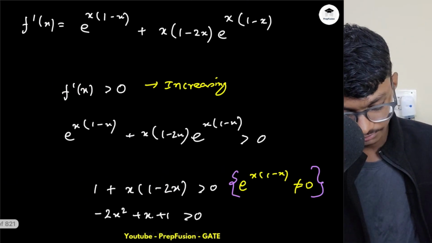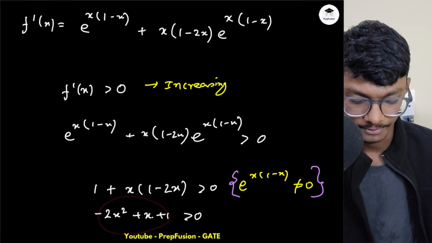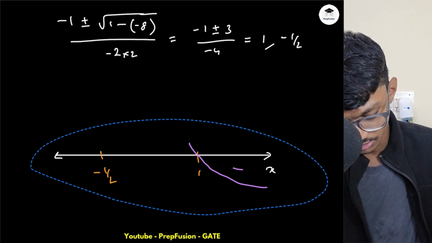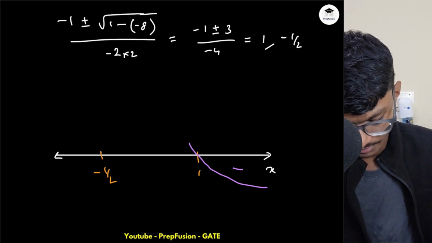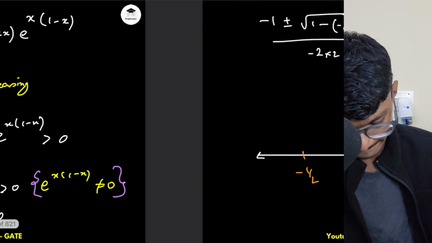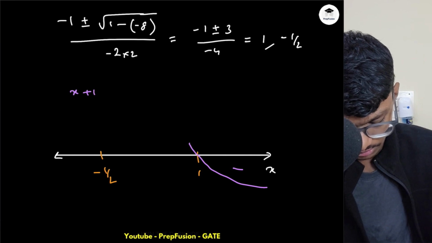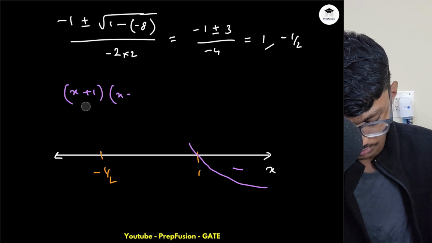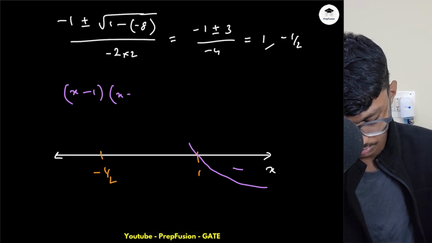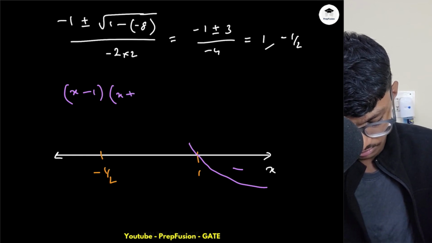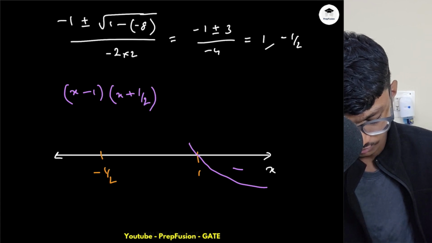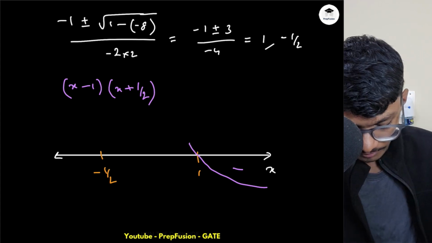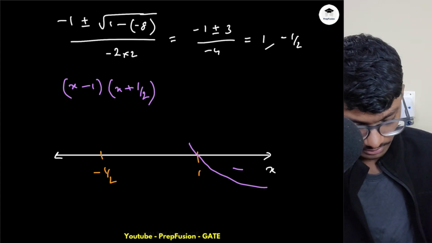Okay, then here x equals to 1, what will happen? It will be something positive, right? Why? Because this I can write x plus 1 into x minus 1. Okay, so if my x is greater than 1, what is happening?